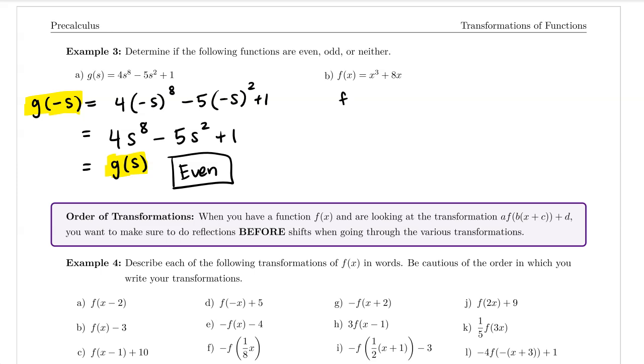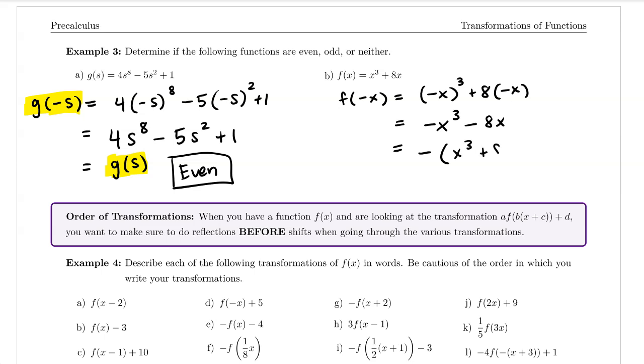Let's do something similar for part B. I'm going to go ahead and evaluate f of negative x, and anywhere I see an x, I'm going to replace it with a negative x. Now, both of these powers are odd, so what's going to happen is negative x times negative x times negative x is negative x cubed, and then 8 times negative x is minus 8x. Now something you might notice is that both of these terms are negative, so I can factor out a negative sign, and that would leave me with x cubed plus 8x on the inside of my parentheses.